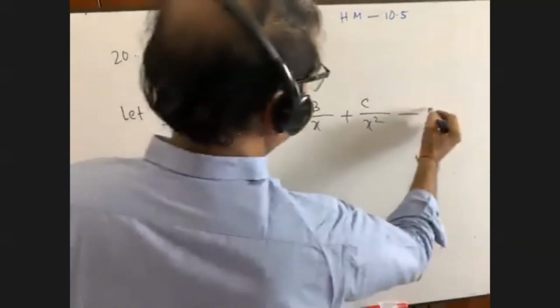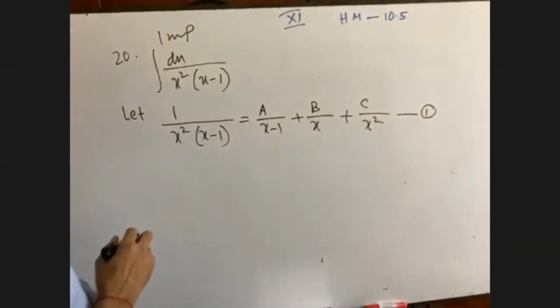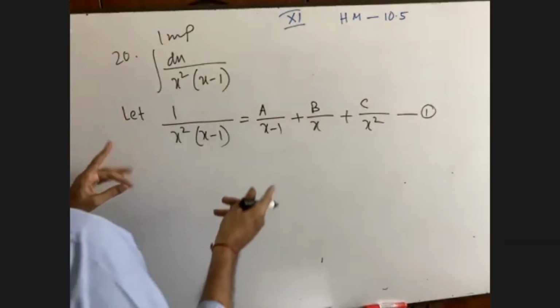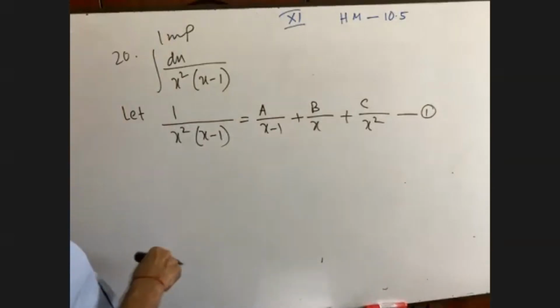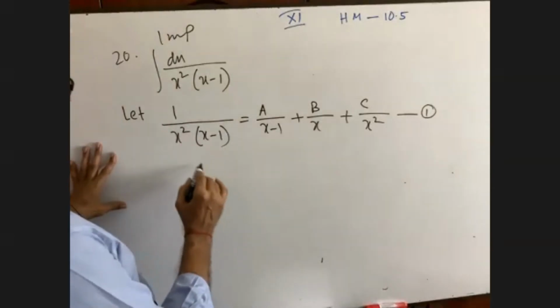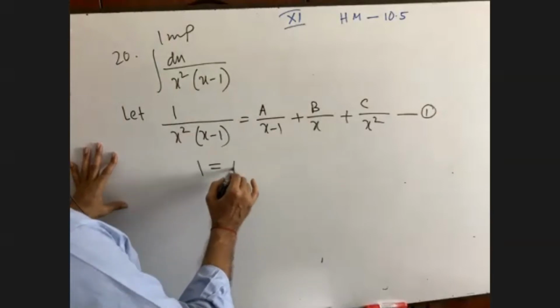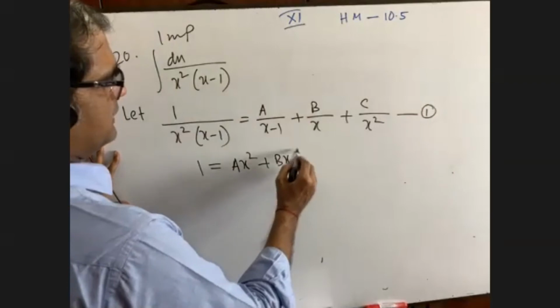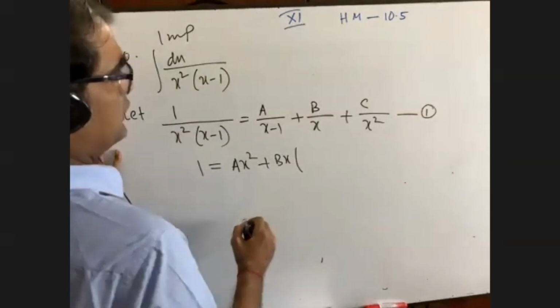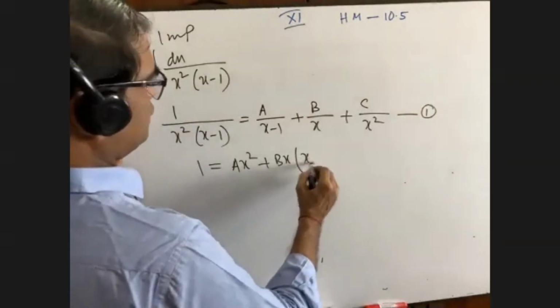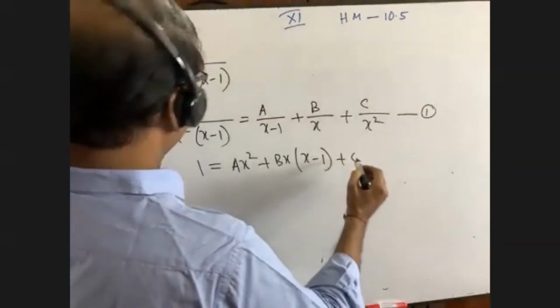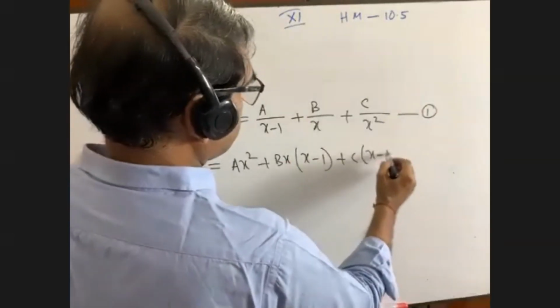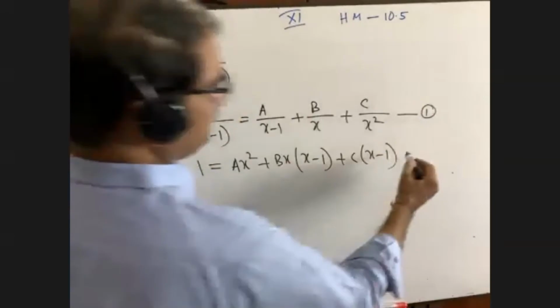Do you remember that you did this in class 9 and 10? That is, 1 is equal to a x square plus bx into x minus 1 plus c into x minus 1. This is 2.